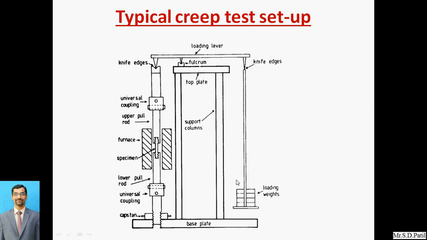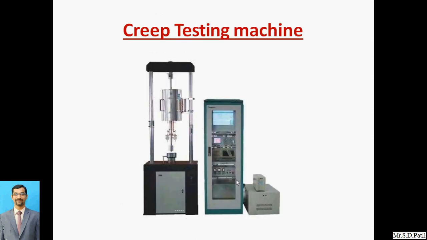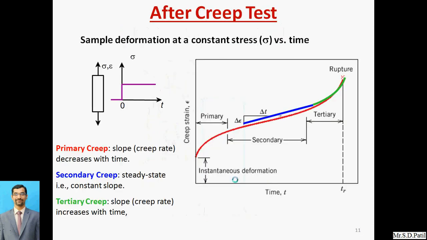This is the generalized figure for creep testing. Now this is the exact creep testing machine, how it looks. Again in the video we will see how creep testing is exactly carried out.